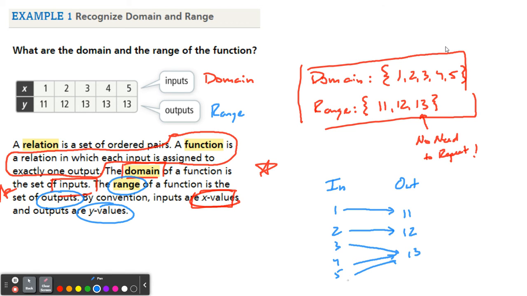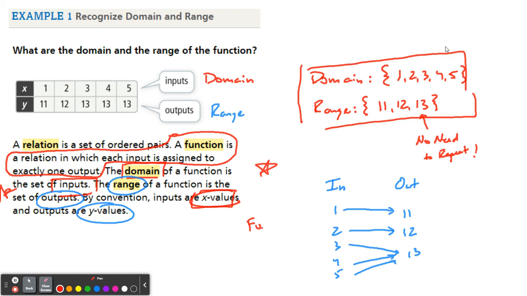Again, by definition, a function is a relation in which each input is assigned to one output. This 1 is assigned to 11. This 2 to 12. This 3 to 13. This 4 to 13. This 5 to 13. Each of those input values only goes to one output. This would be a function.